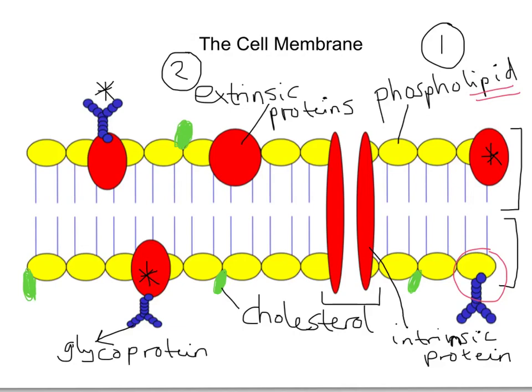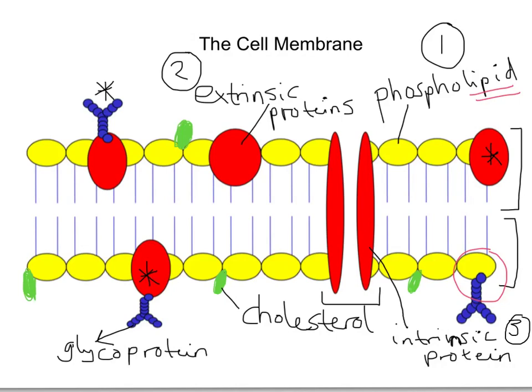So now let's think about these intrinsic proteins down here at the bottom that I've labelled. Intrinsic proteins act as carriers to transport water-soluble material. So anything that can't naturally just pass straight through, and I'll draw it just in purple.